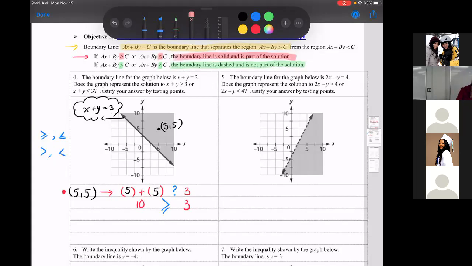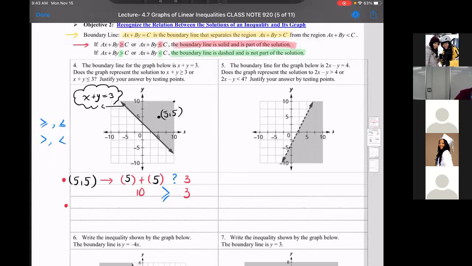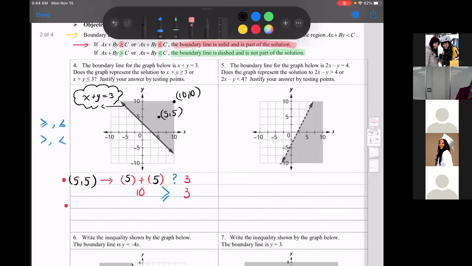Good. Let me pick another point, or somebody else pick another point in that region. What do you pick? 10, 10, good. Right here at the edge, 10, 10. By the way, it doesn't stop there. It goes on forever. That's why the arrows on the y-axis and x-axis imply that.